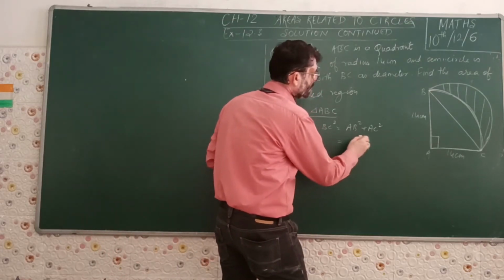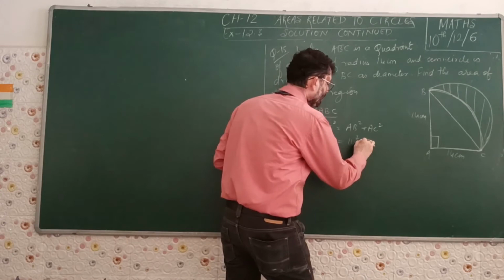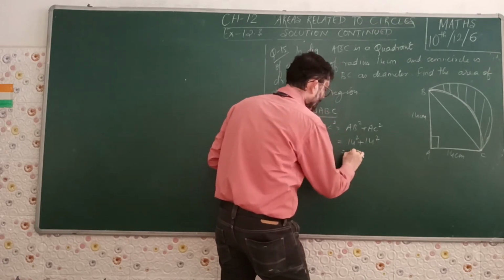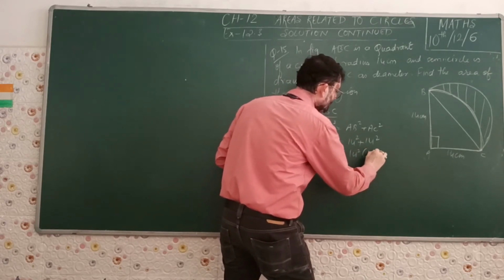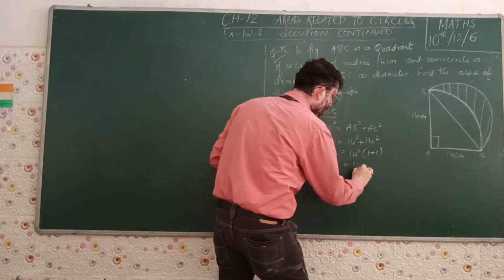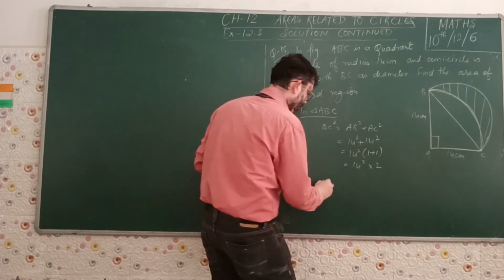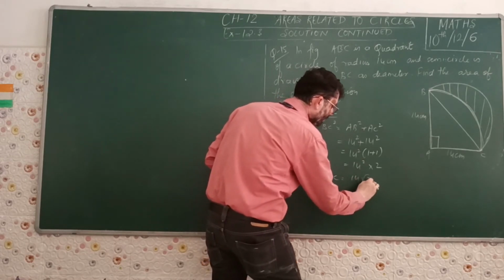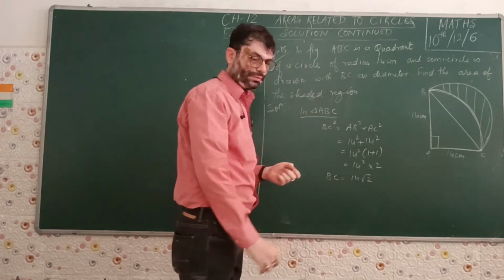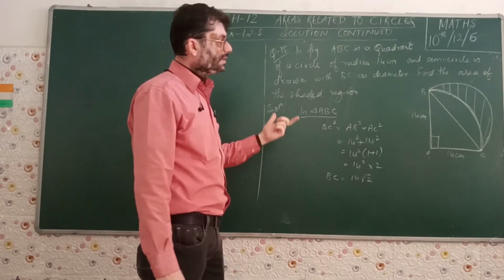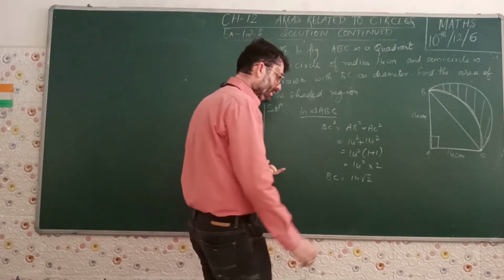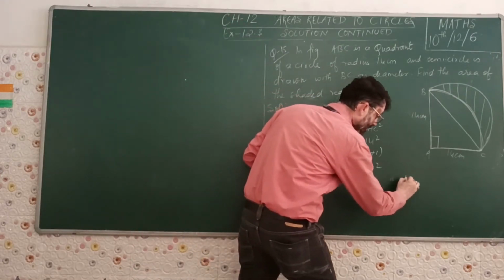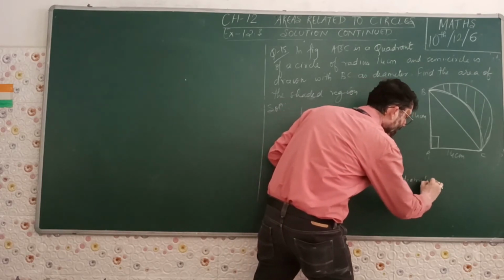So AB square was 14, so this is 14 square plus 14 square, and if you take 14 square common, this is 1 plus 1, so 14 square into 2. For finding BC, if you take the square root of this, you get 14 root 2. So this is the diameter of the semicircle. That is, BC is the diameter of the semicircle.